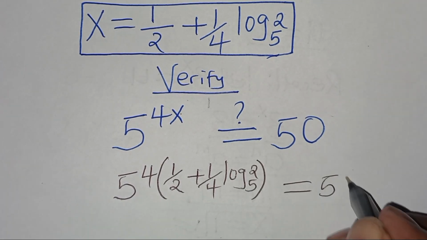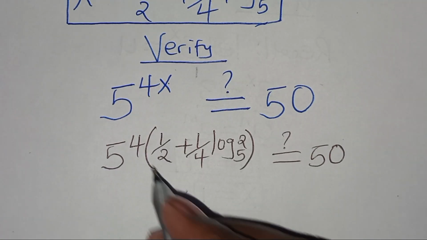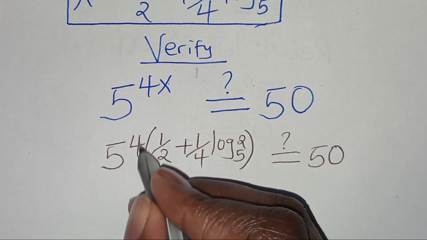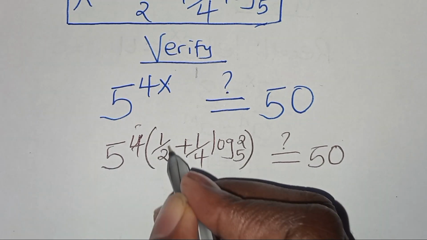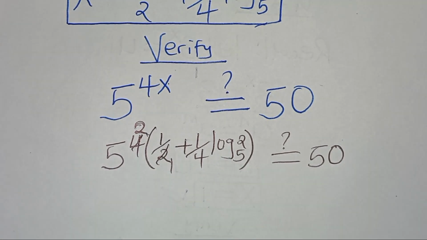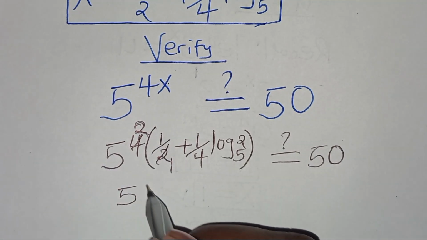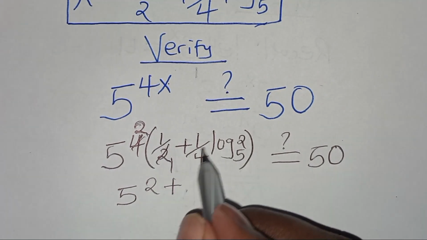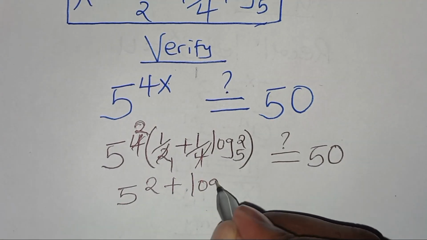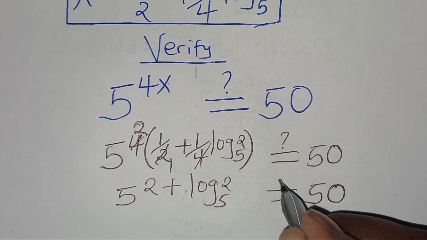This should give us a value of 50. So let's simplify here. 4 divided by 2 is 2. So we have 5 raised to power 2 times 1, this is 2, then plus 4 and 4 simplified, so plus log 2 to base 5. This should give us a value of 50.